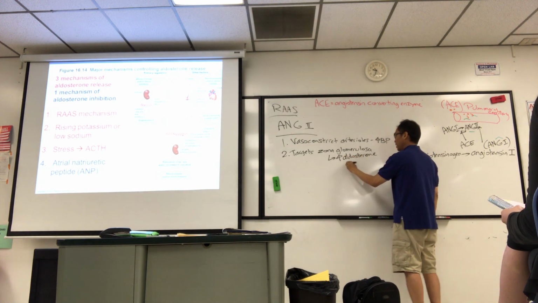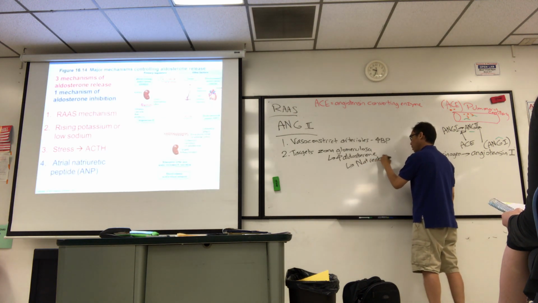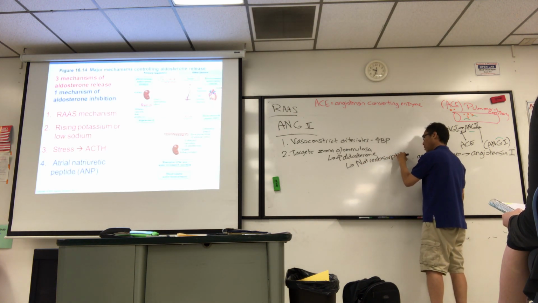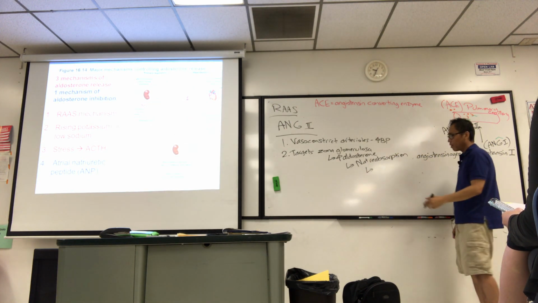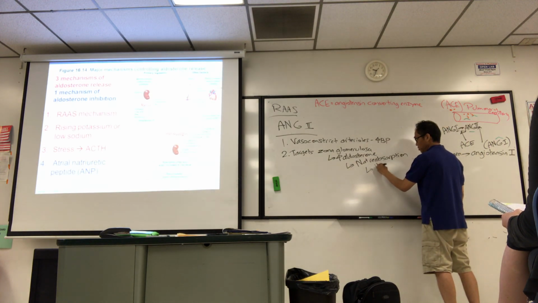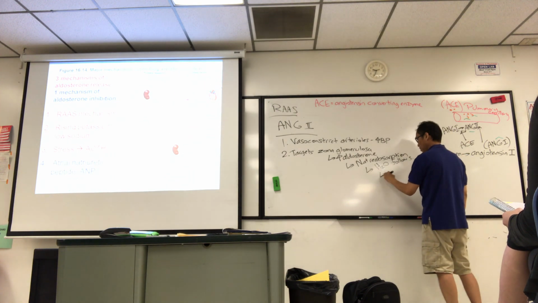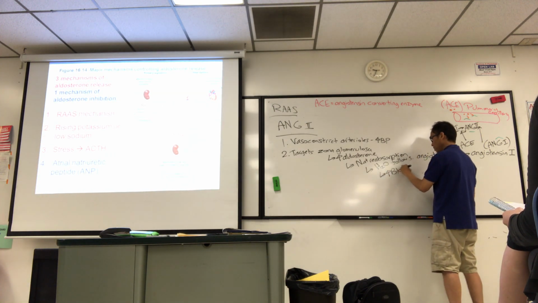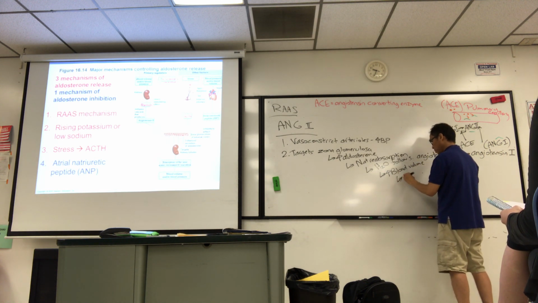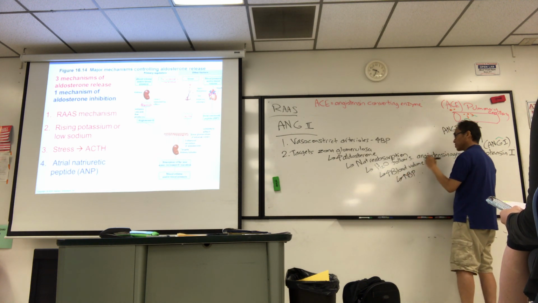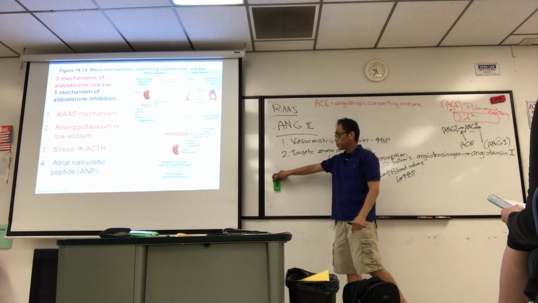And what does that do? You get your sodium reabsorption. And what does that do? Well, when that happens, water follows, increased blood volume, increased blood pressure. So what we've done here, we've discussed two mechanisms of how the body can increase blood pressure.